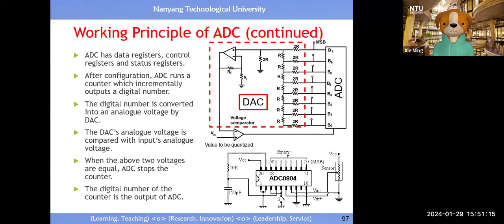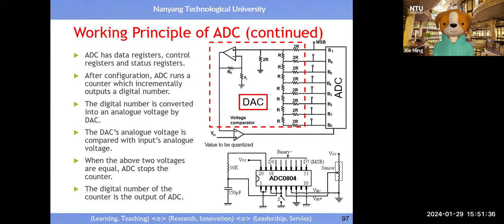This is the basic principle. The philosophy is prediction and verification. That means I need to know what is the digital number corresponding to this analog value. I predict, starting from 0 all the way to the maximum digital number. Understand the working principle?